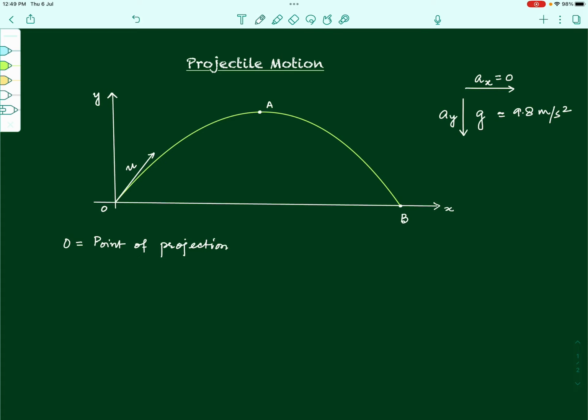The angle theta that the initial velocity direction makes with the horizontal, I have shown here the initial velocity vector u, which is drawn as a tangent to the curve at the starting position, and the angle that this initial velocity vector u makes with the horizontal direction is called the angle of projection. Theta is the angle of projection.